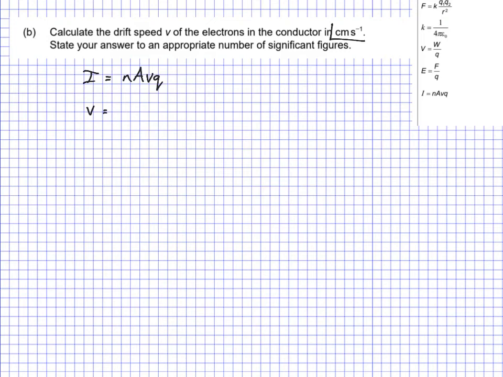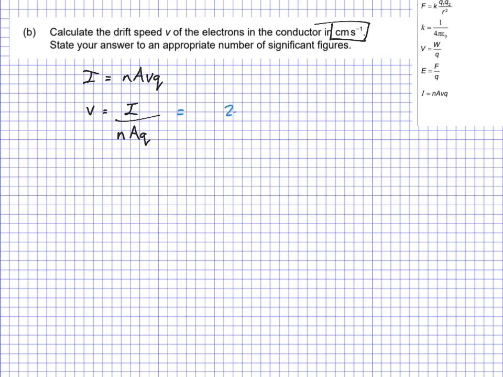So I'm going to solve for v, the drift speed. We also need this to be in centimeters per second, so I'm just going to be careful of that when I'm doing my units. So I'm going to rearrange and solve this for v. So it's current divided by nAq. Let's go ahead and put the values that we know into this. Well, the current was given in the question.